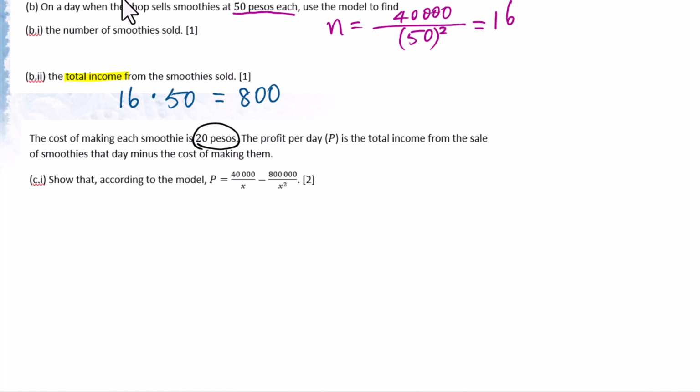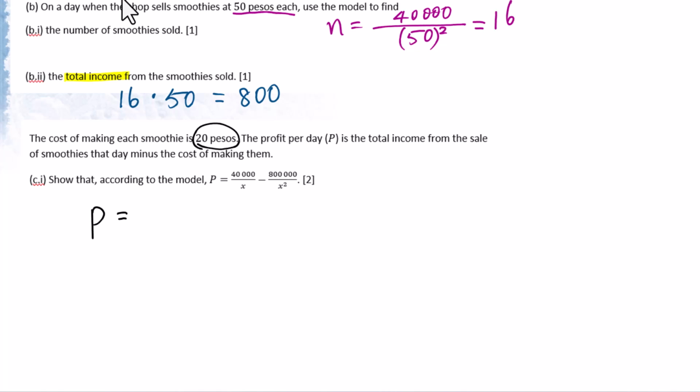The profit per day P is the total income from the sale of smoothies that day minus the cost of making them. Show that according to the model, P equals 40,000 over x minus 800,000 over x squared.